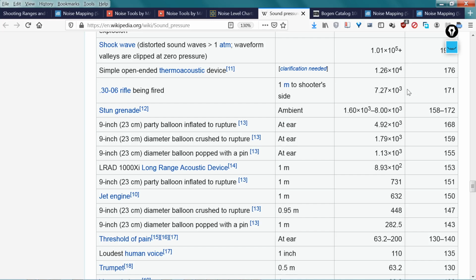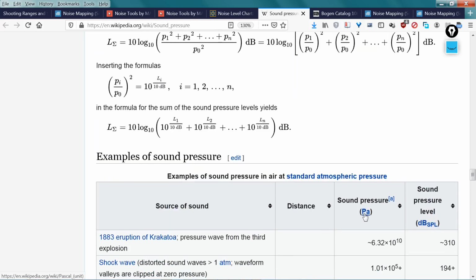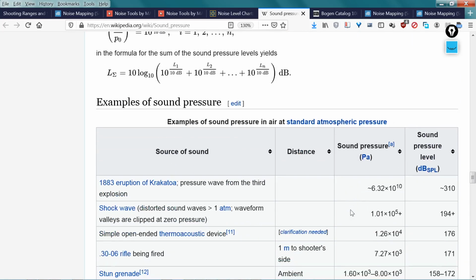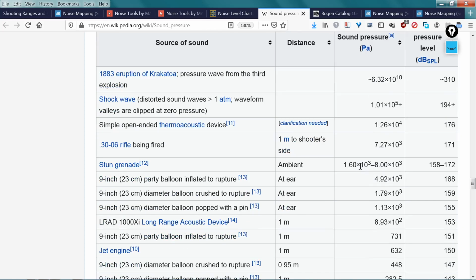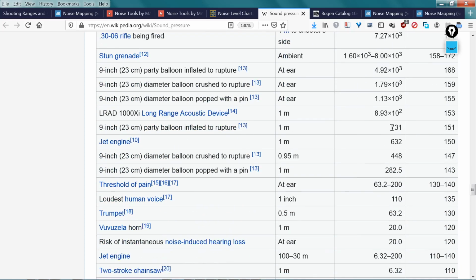The absolute value of that is 7.27 by 10 to the 3, or 7,270 pascals, which is just a standard metric measurement for pressure. So remember that 7,000 pascals.